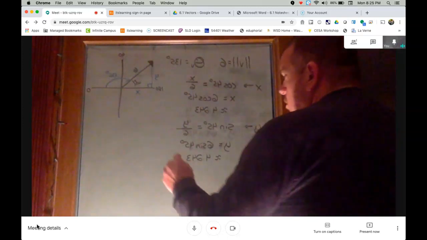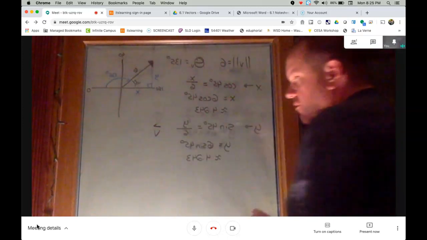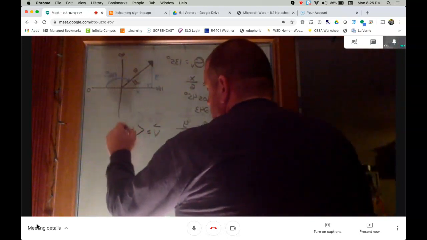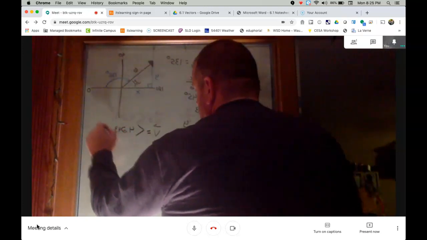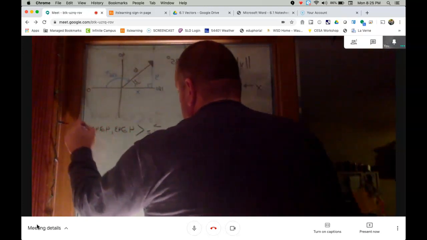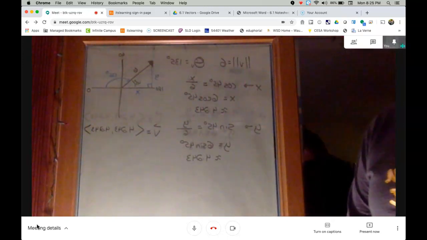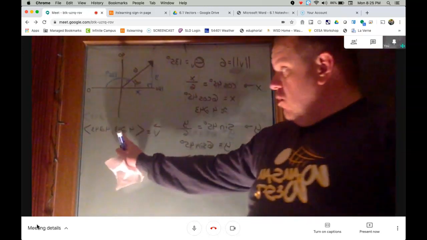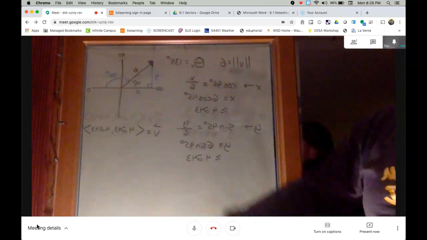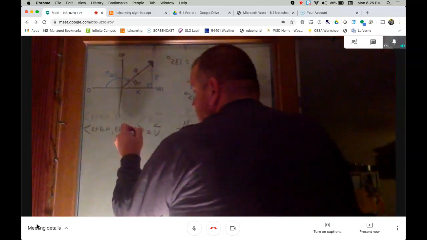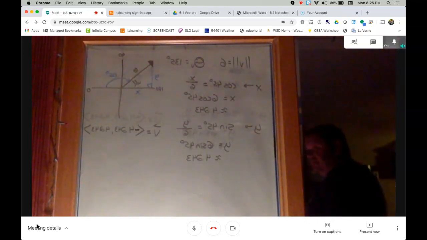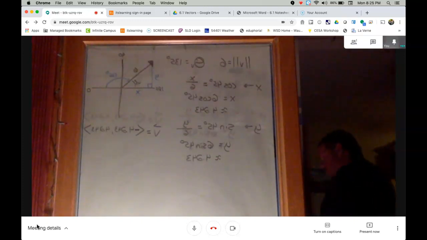So the component form of vector V would be 4.243 and 4.243 as my horizontal component and my vertical component. However, because I'm in quadrant number 2, that horizontal component has to be negative and the vertical component has to be positive. Okay?